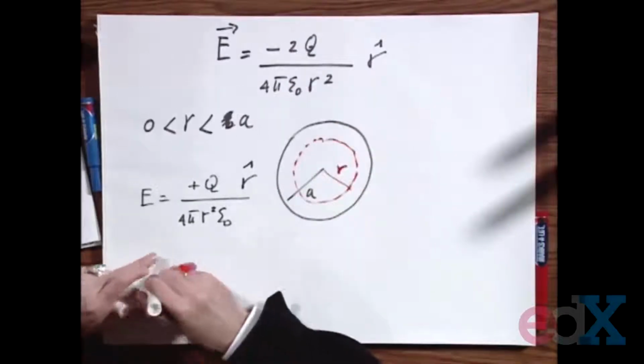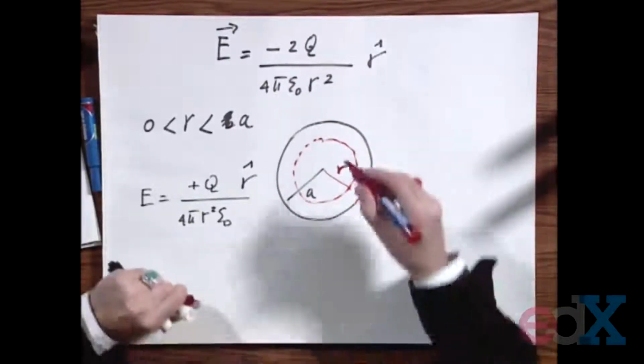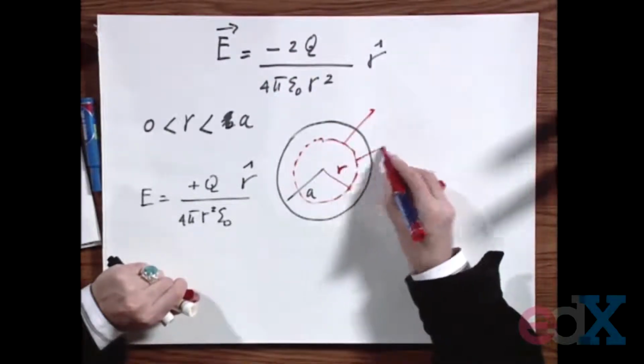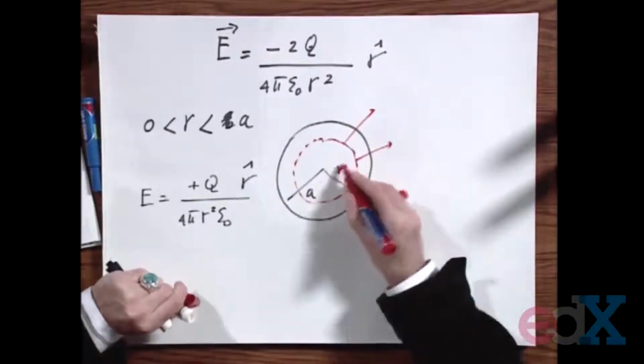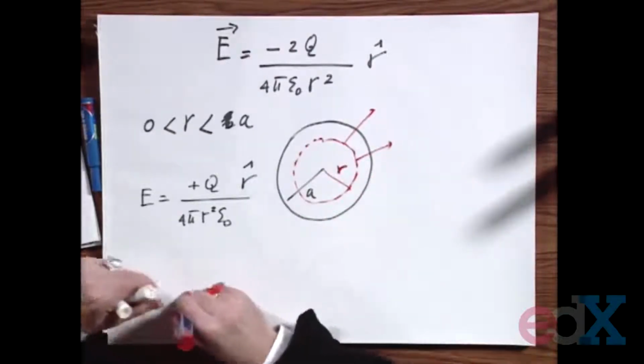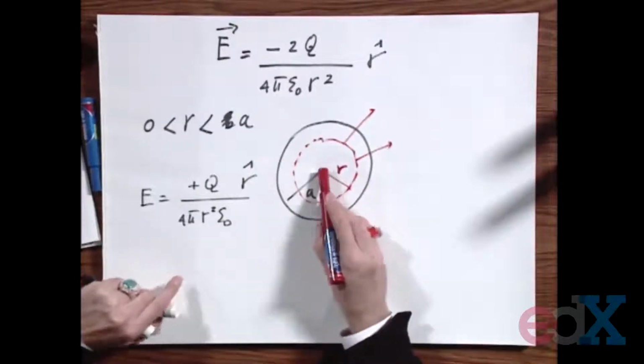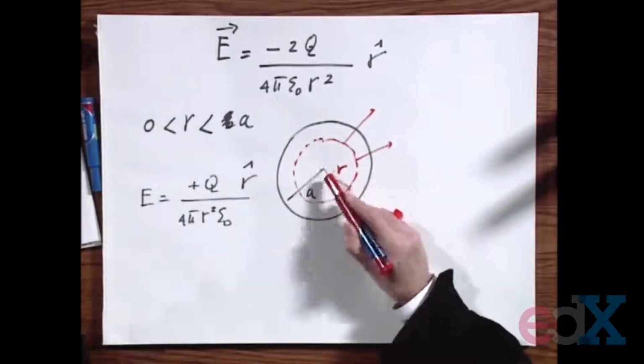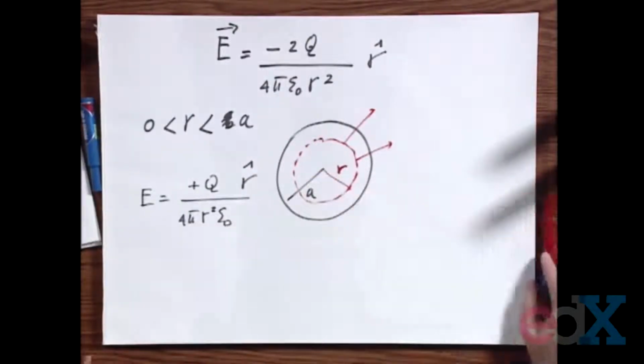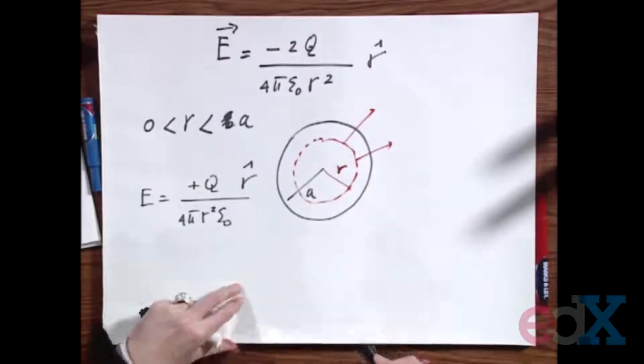So the E field is now not pointing inwards, but pointing outwards in this cavity. And notice that when r equals 0, right here, you get an infinite value, which of course physically has no meaning.